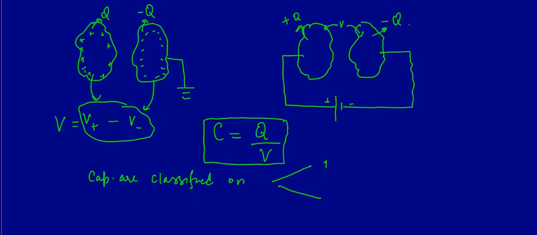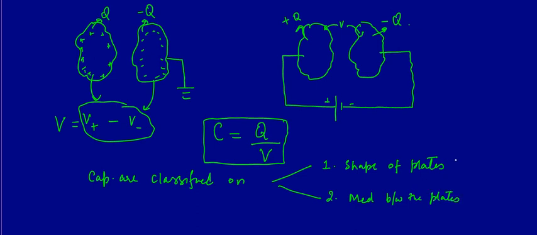One is the shape of the plates, and the second is the medium between the plates.